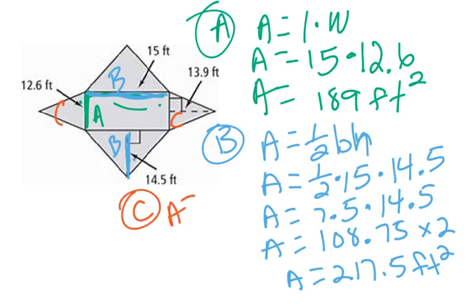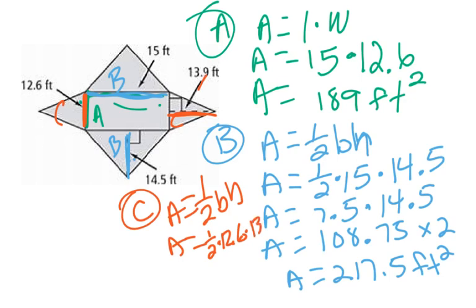Now we're going to go to the C sections. Again, my area of a triangle is 1/2 BH. The base here, the 12.6, is pointing to it. So it's going to be 1/2 times 12.6, and the height shown on this one is 13.9. I take 12.6 times 1/2, which is 6.3, times 13.9.